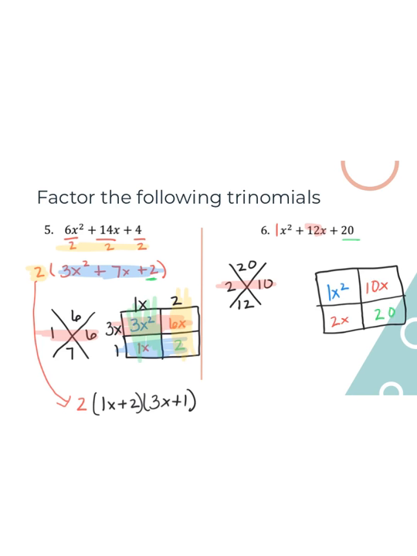And then we're going to go through it just like we did before. 1x squared and 10x, they both have in common a 1 and an x. 2x and 20, they both have a 2 in common. 1x squared and 2x, they both have a 1 and an x.